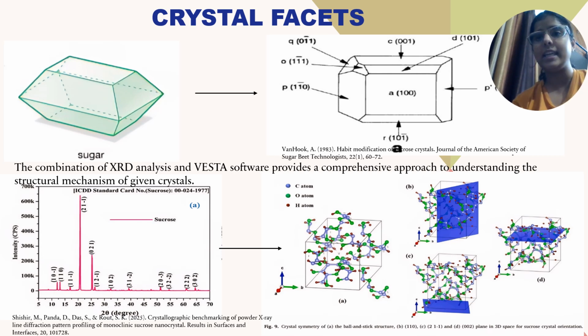As we can see, the 0 0 2 plane is the top plane, and the 2 1 -1 is an inclined plane. So these two planes are not at 90 degrees, but somewhat greater than 90 degrees. If we place them together on edges, they have an angle greater than 90 degrees. So this also shows us that the crystal symmetry is monoclinic.